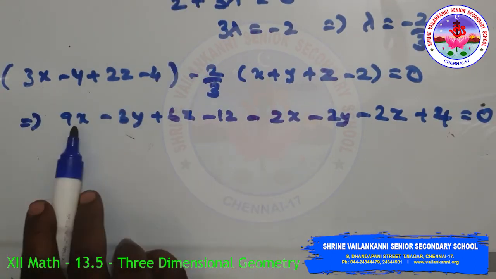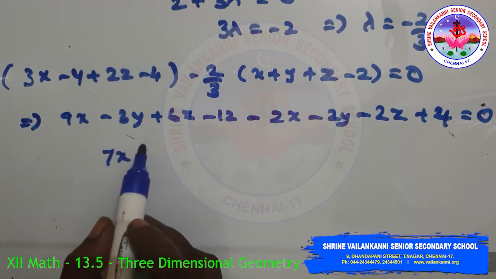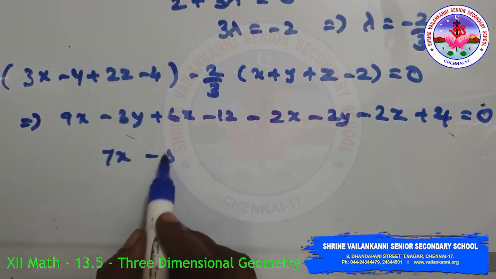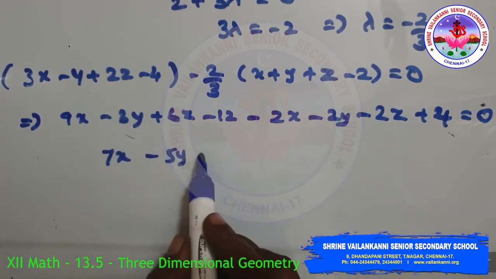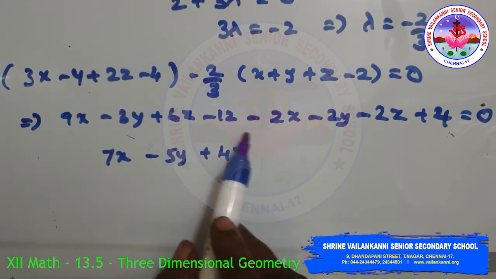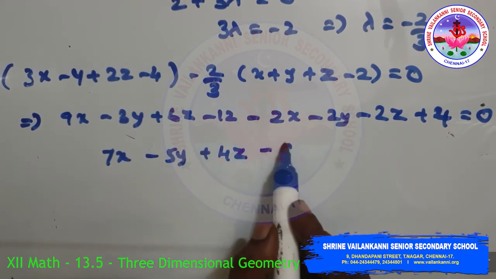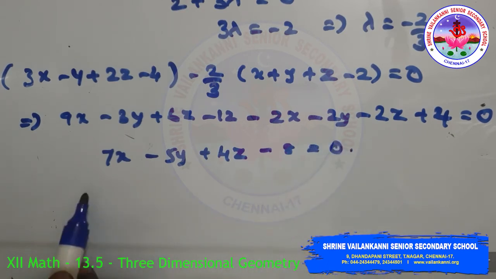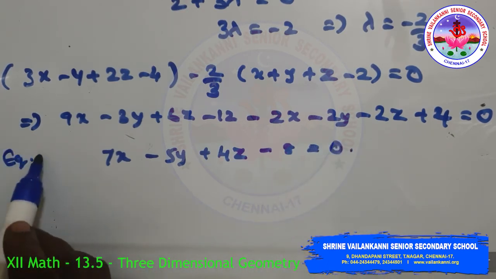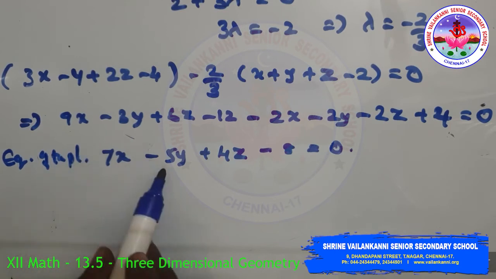So simplifying this, 9x minus 2x is 7x, minus 3y and minus 2y is minus 5y, plus 6z minus 2z is 4z, minus 12 plus 4 is minus 8, which is equal to 0. So the required equation of the plane is 7x minus 5y plus 4z minus 8, which is equal to 0.